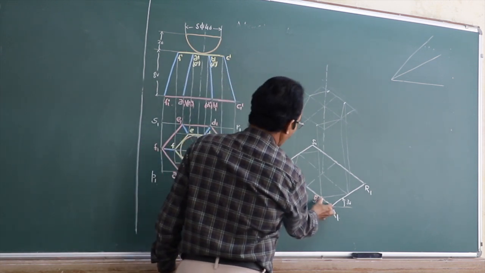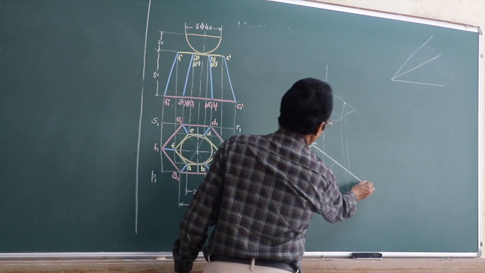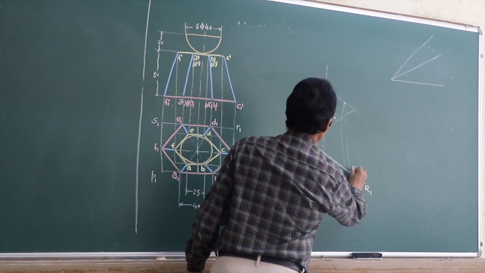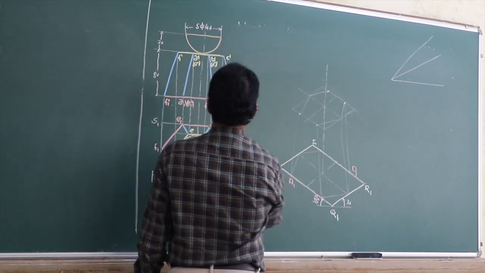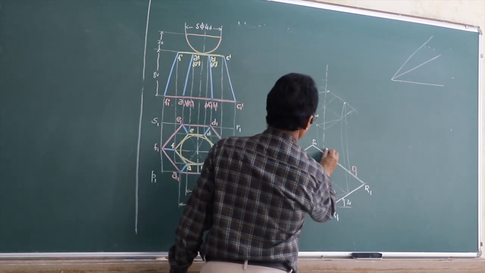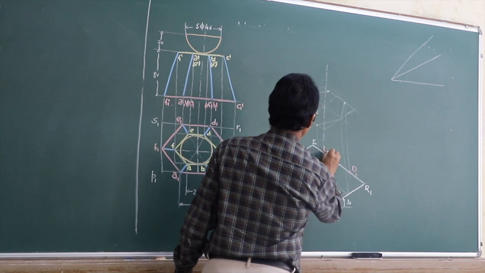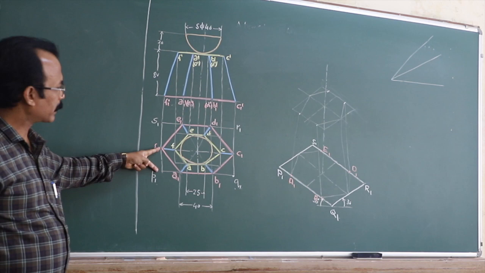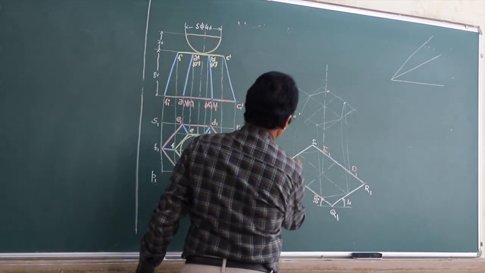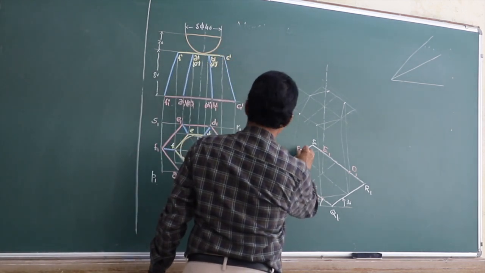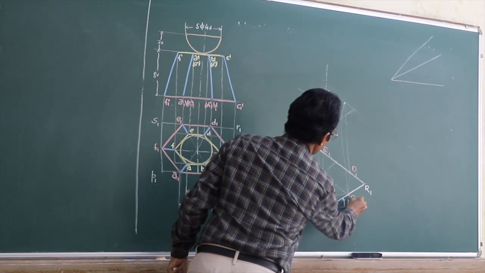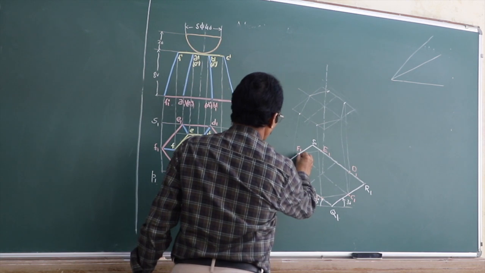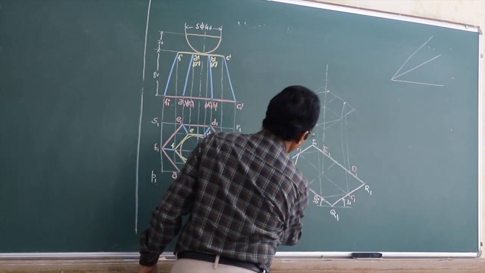Same way you mark B1 here, and at the same time you can also complete this R and D1, and this side you can complete E1. Then you take this P1 F1 distance, get it converted, come and mark F1 here and C1 here, right? So once you complete this, you got the base hexagon now.